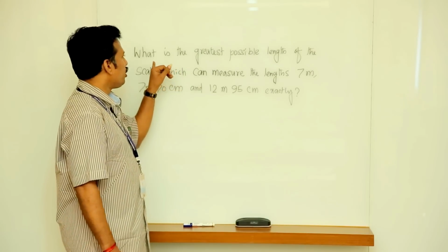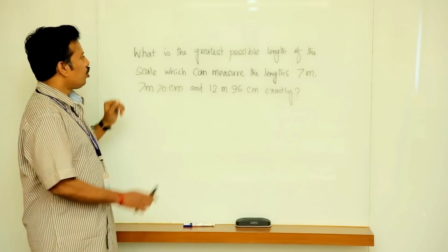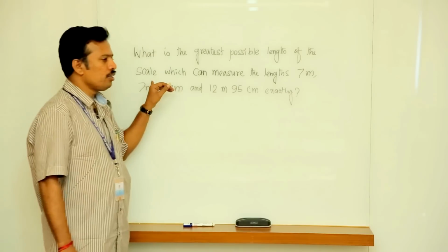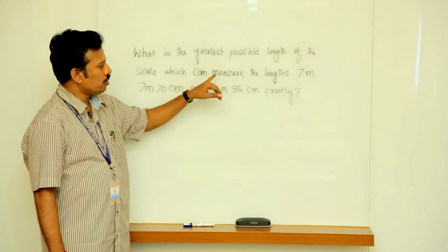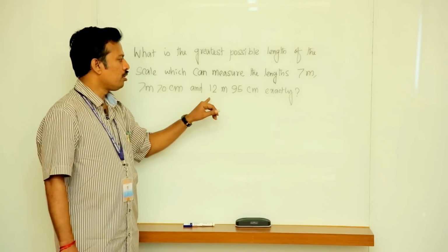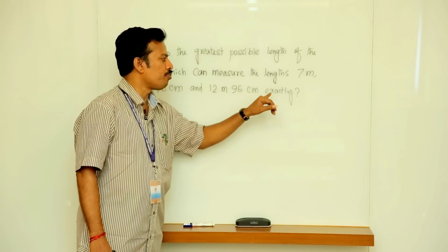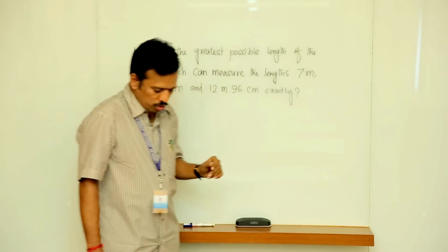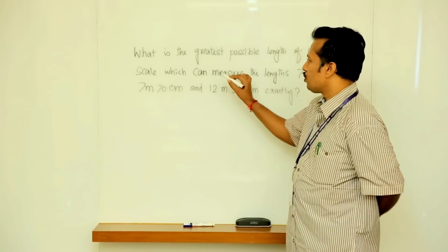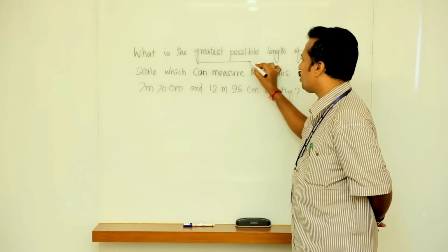Let us go with another sample problem. What is the greatest possible length of the scale which can measure the lengths 7 meter, 7 meter 70 centimeter and 12 meter 95 centimeter exactly? So when you analyze this particular question, you can come across the term greatest possible length.